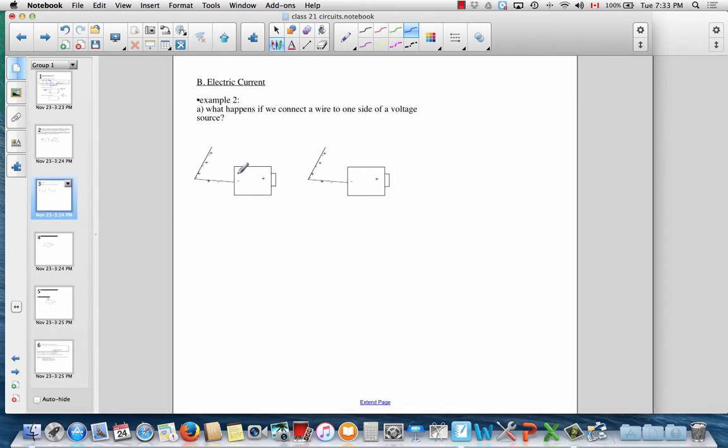So now that we've got this idea that a voltage source, say like a Duracell, is excess minuses at this end and lack of minuses at this end, we can imagine that if we hooked a wire up, the excess minuses here are going to push on the minuses that are already in the wire. And they're going to make them move away because, of course, like charges repel. So the minuses in the wire will shift.